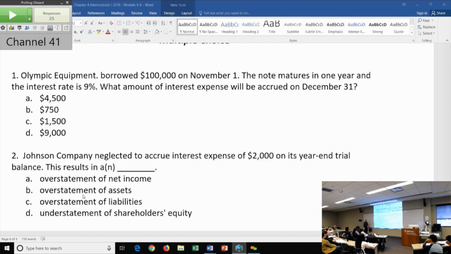Stockholders' equity is not understated, because you have an understatement of expenses, you overstate income, make that clear, and you also overstate stockholders' equity.